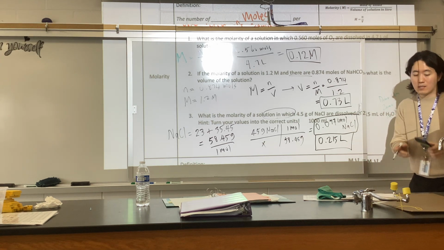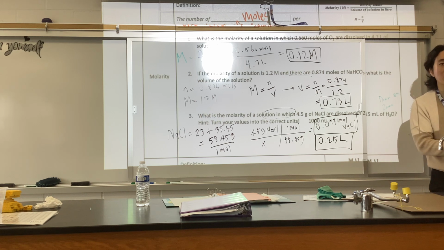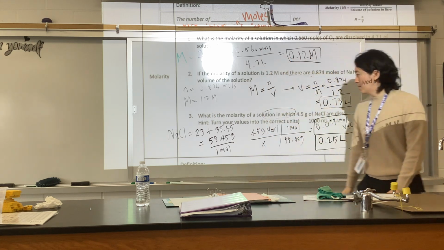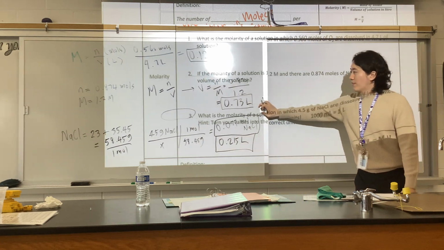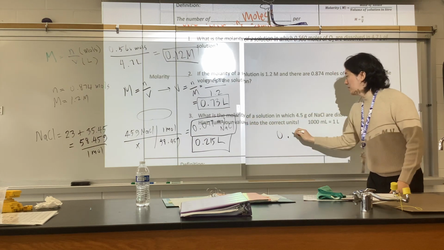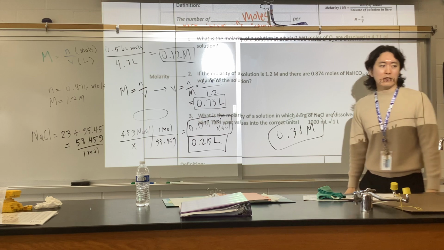And I got 0.36 for molarity. Raise your hand if you agree with me. Good. Wow, I'm like out of space. You know what? That can go away. I'm just gonna write down 0.36 molarity. Done. Any questions?